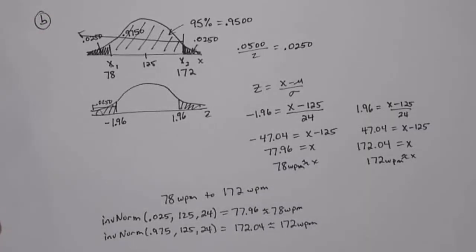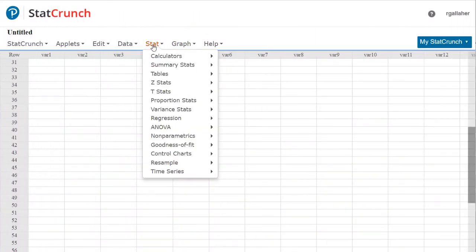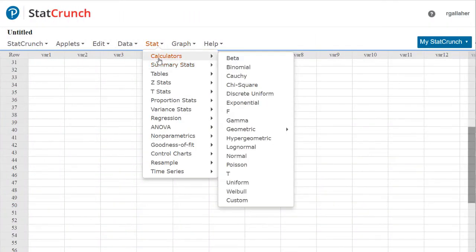Now let's look at how it would appear in StatCrunch. So in StatCrunch, we can go to Stat, Calculators, and Normal.